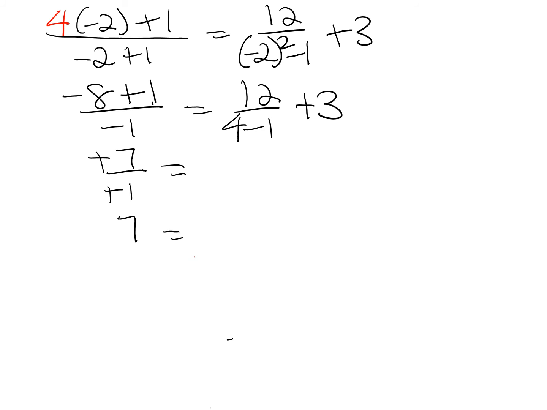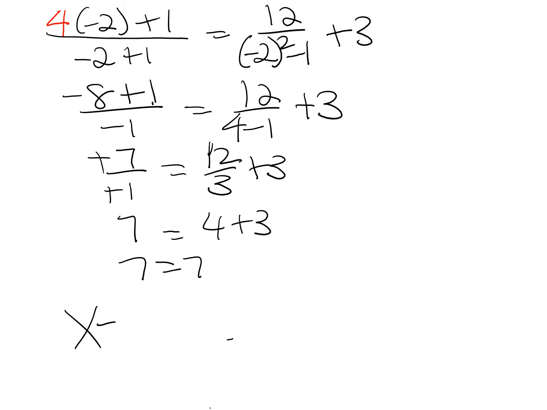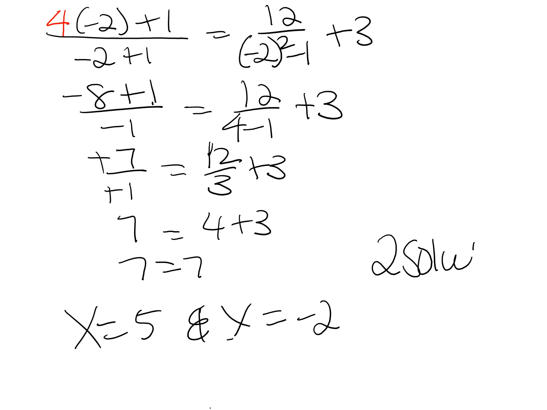And then 12, 4 minus 1 is 3. So 12 divided by 3 is 4 plus 3. So I do get 7 equals 7. So that means that my answers were x equals 5 and x equals -2. 2 solutions.